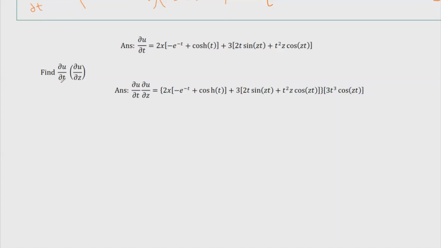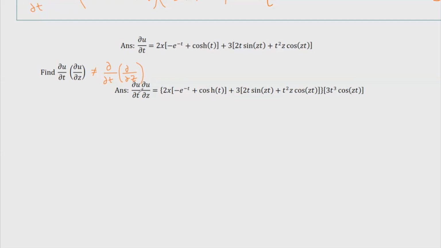So this expression doesn't mean that we take the higher order derivative in a way that we take t first and then z. It means that we need to multiply the partial derivatives. This expression is not equal to the partial derivative of something like this. They have actually different expressions.